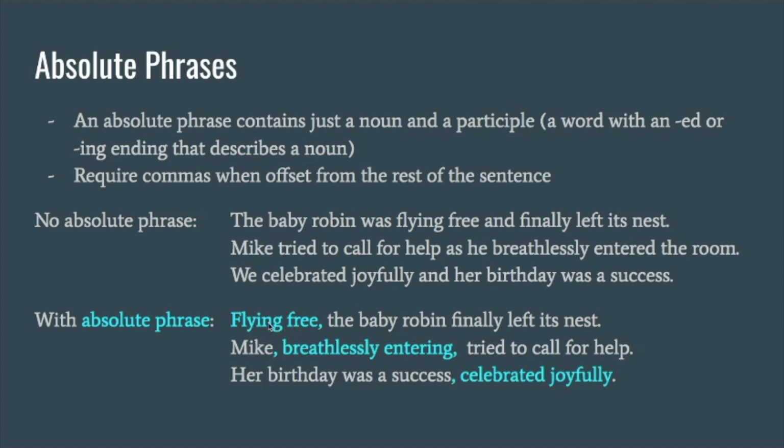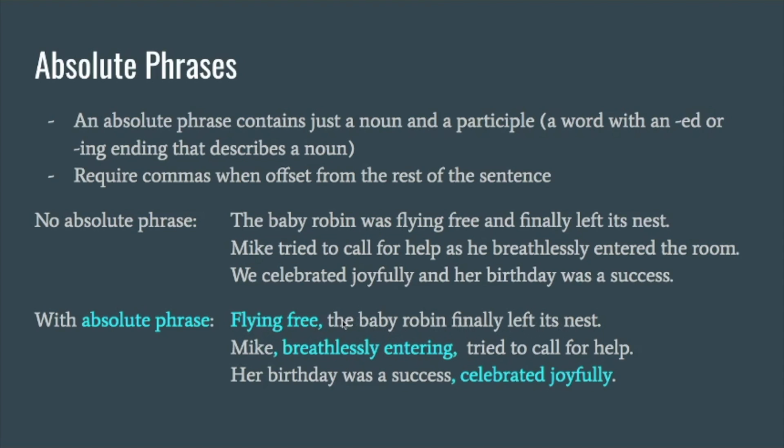So, to complicate things, you can really put an absolute phrase almost anywhere in the sentence. They work like adjectives, but with adjectives, we usually put them before our nouns. This can come after. So if you imagine this sentence as the baby robin, comma, flying free, comma, finally left its nest.